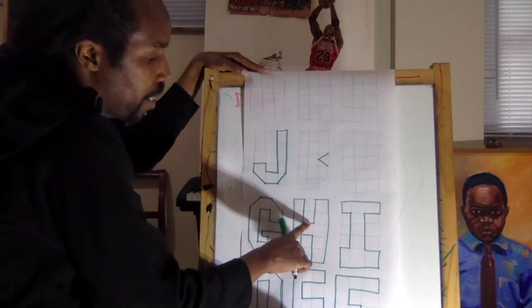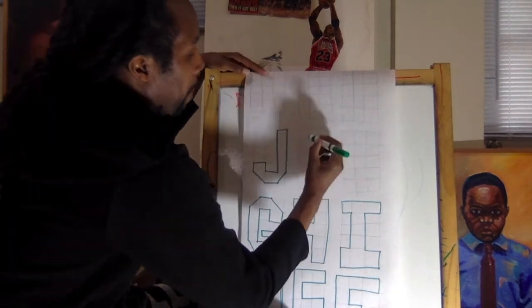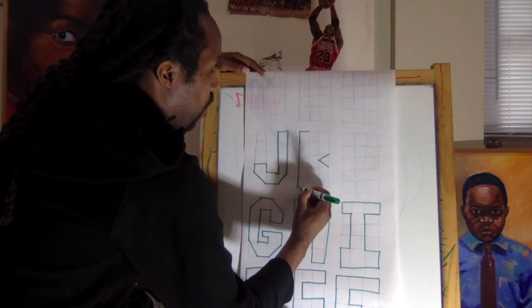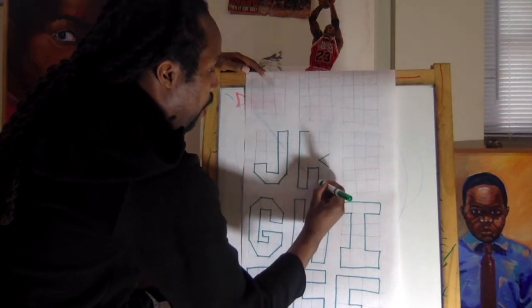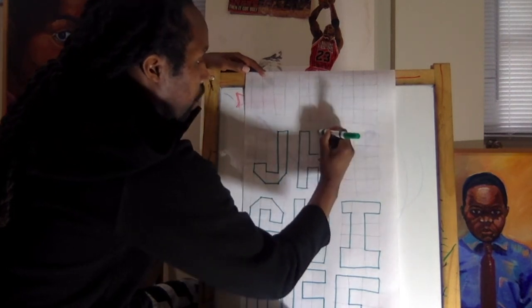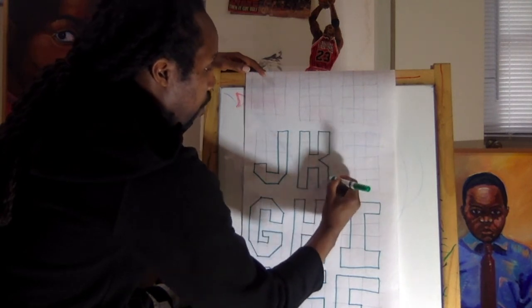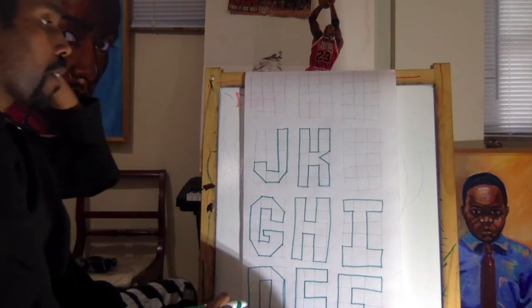So it's like doing the letter H. The only thing is we're gonna slant this. And you got your letter K.